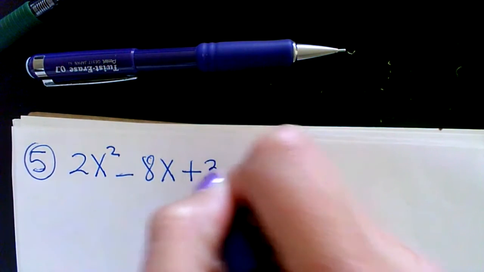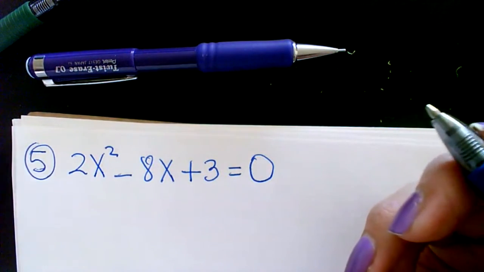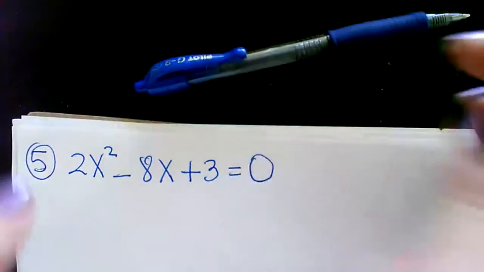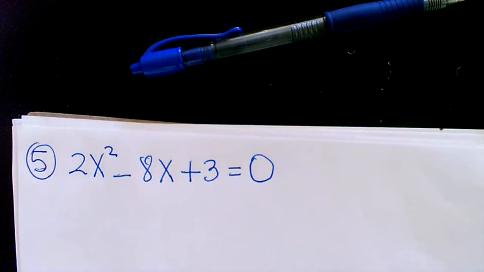This one, number 4, 5: 2x squared minus 8x plus 3 equal to 0. First, what do we look at? It does have a coefficient.